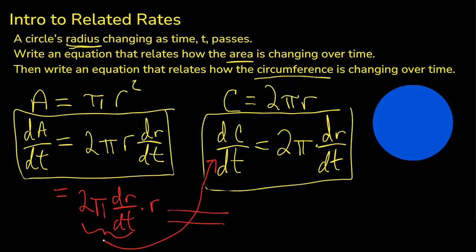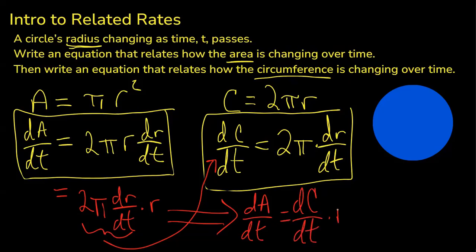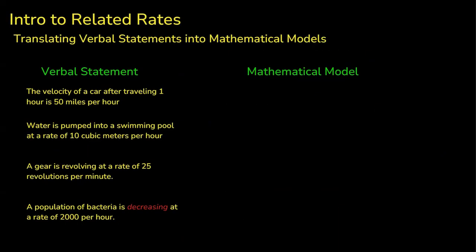So I could rewrite this as dA/dt equals the rate of change of the circumference times r. I've seen AP style questions where you had to know this relationship or understand it in order to solve the problem.